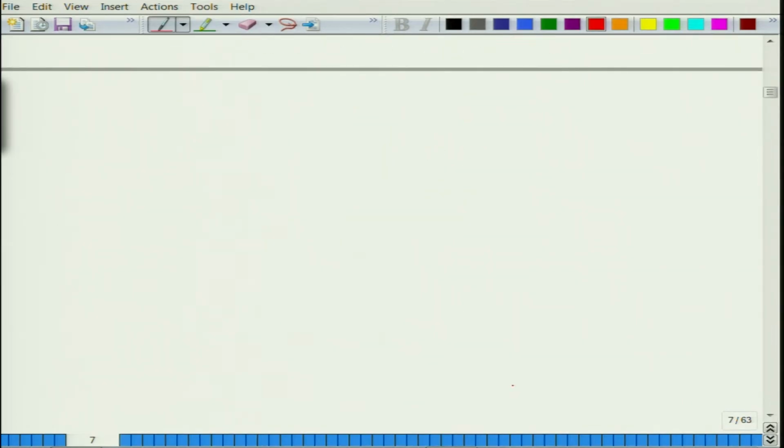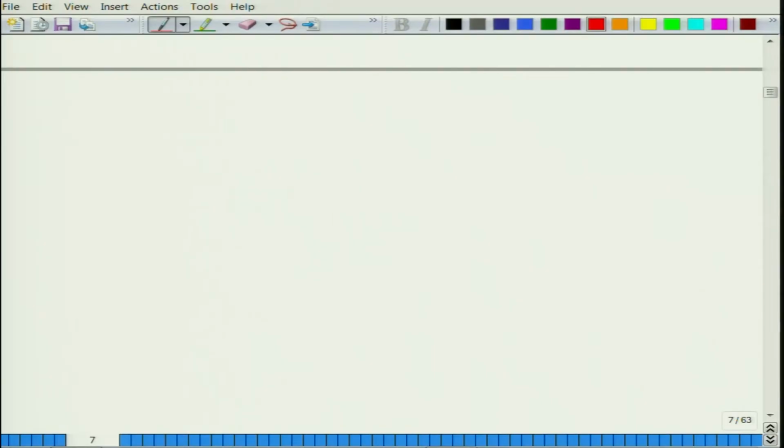Okay. So, this basically completes the basic operations, that is what we call vector addition and the scalar product. And now let us look at another fundamental operation of vectors, that is basically a linear combination. Okay.